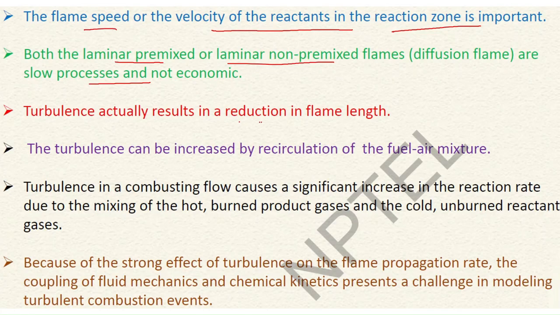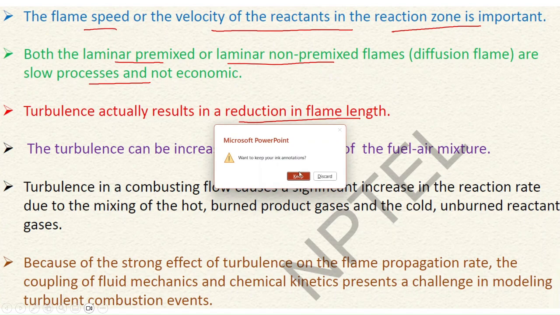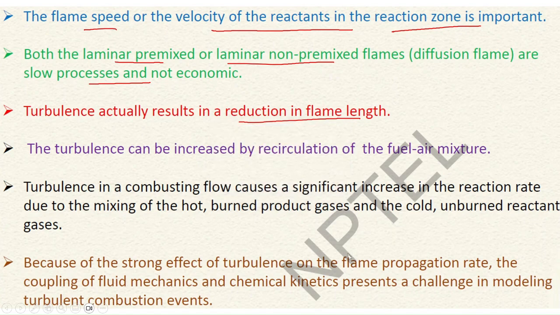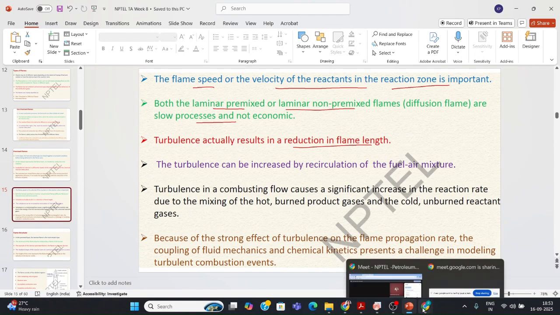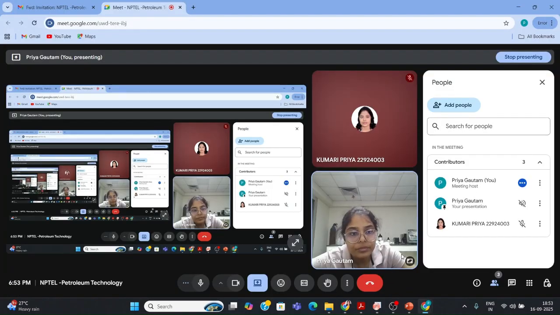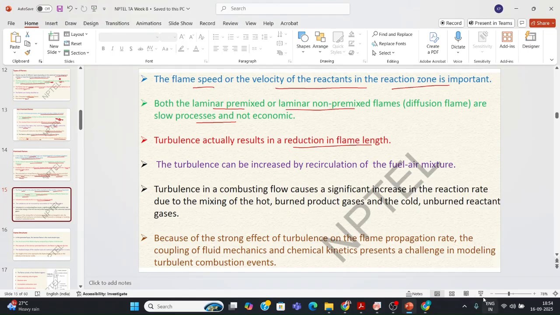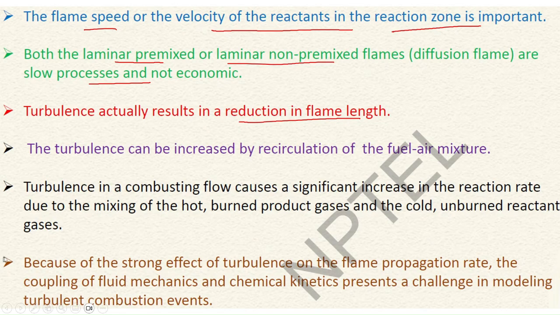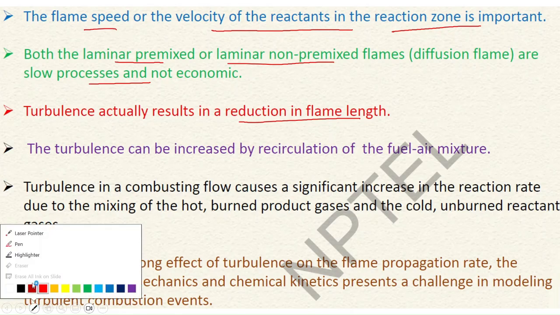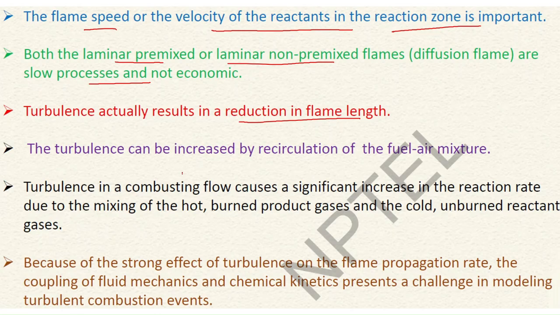Turbulence actually results in a reduction in flame length, and the turbulence can be increased by recirculation of the fuel air mixture.